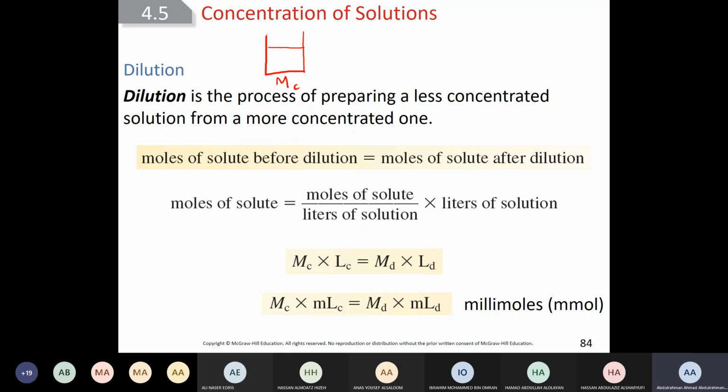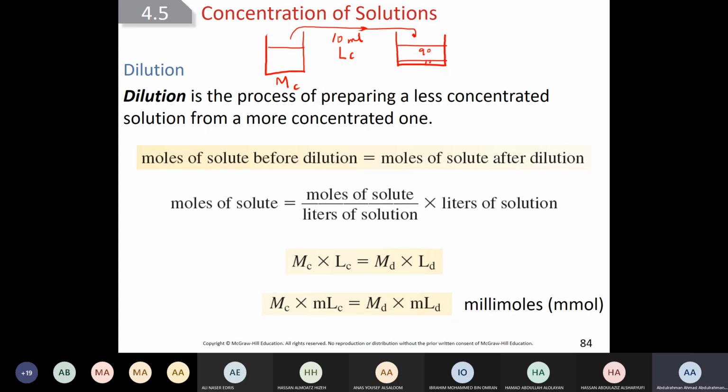I took out 10 milliliters from this solution, and I will call this volume LC. Then I put this 10 milliliters in another container, and added to it 90.